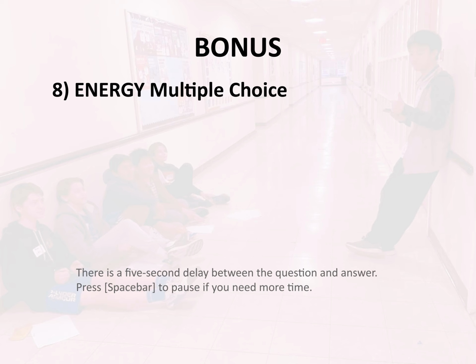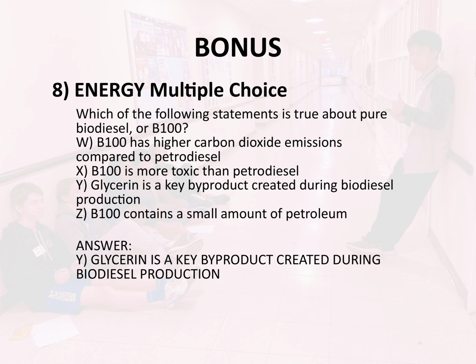Y. Glycerin is a key byproduct created during biodiesel production. Z. B100 contains a small amount of petroleum. Answer. Y. Glycerin is a key byproduct created during biodiesel production.